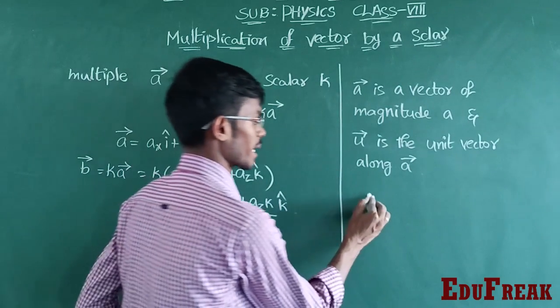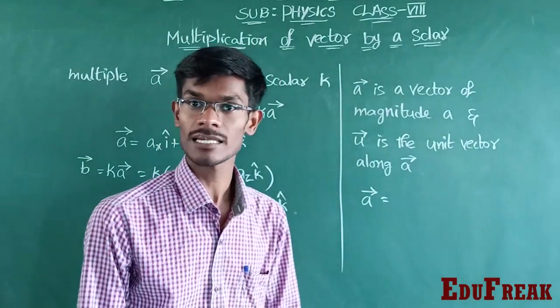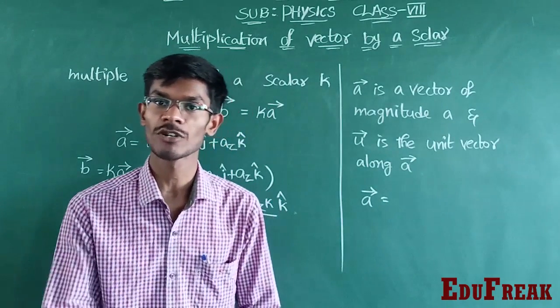Then how can a bar vector be represented? A vector has both magnitude and direction.